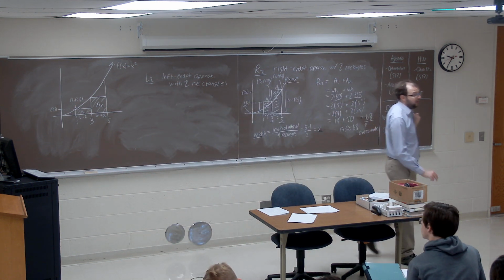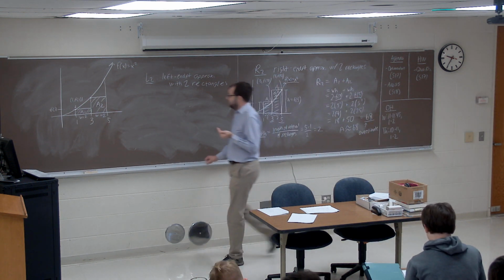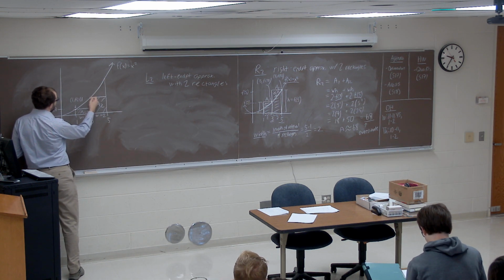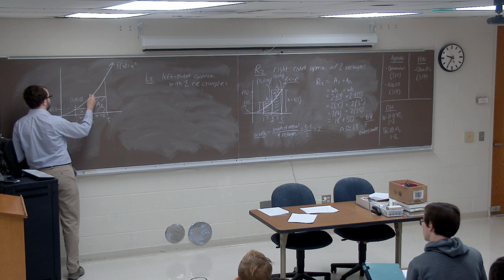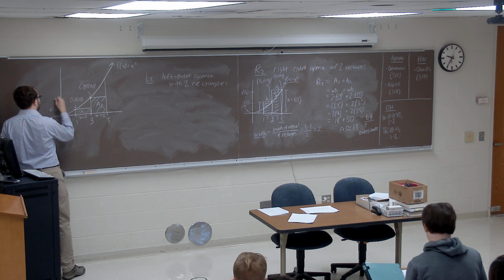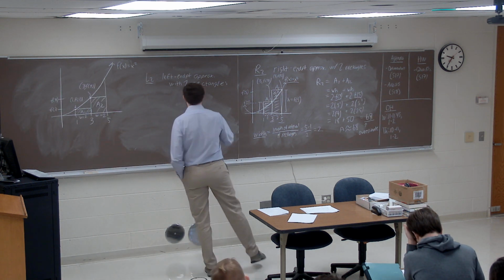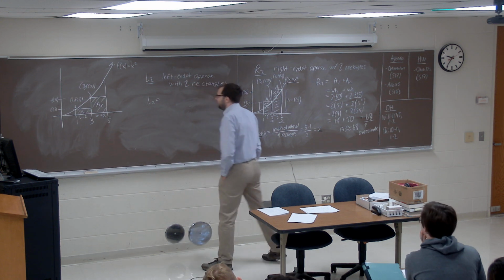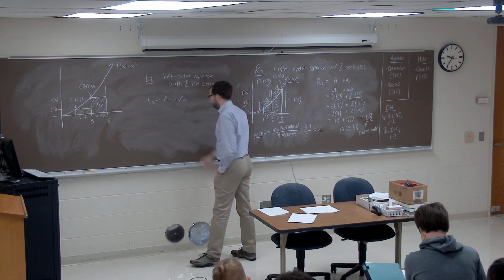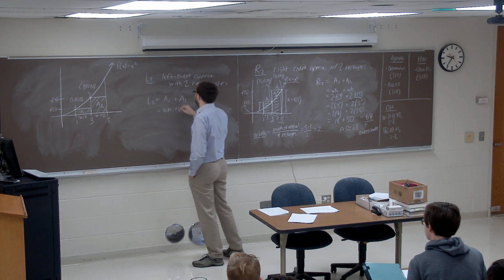Lou, how about the height of the second rectangle? F of 3. Yeah, because our second rectangle matches up with the graph of f of x at x equals 3, the left endpoint of the rectangle. So if we do our L2 approximation, we get the area of the first rectangle plus the area of the second, which is width times height plus width times height.